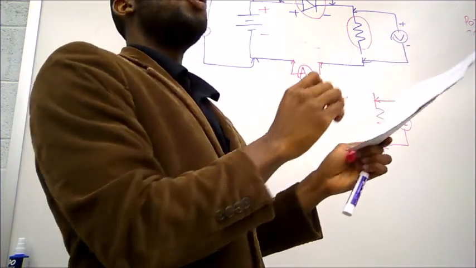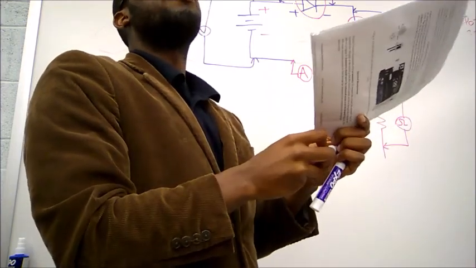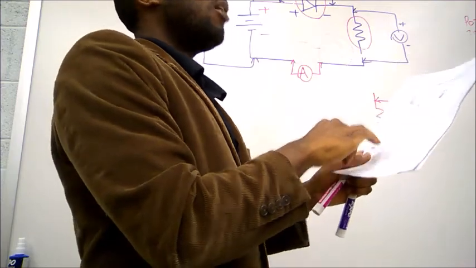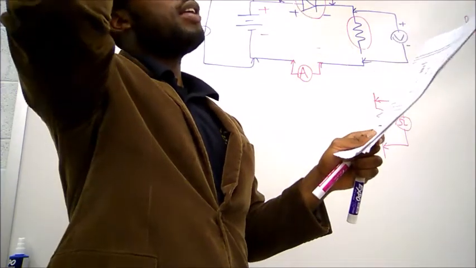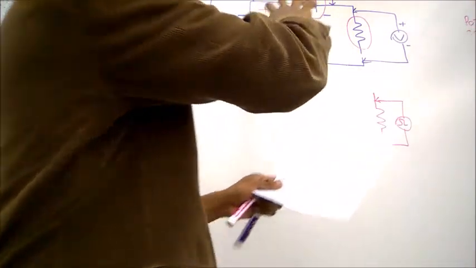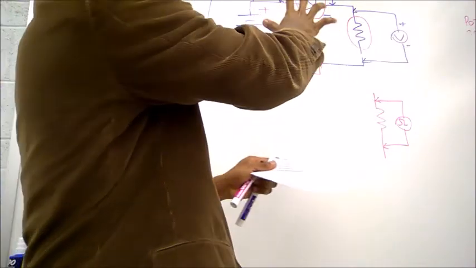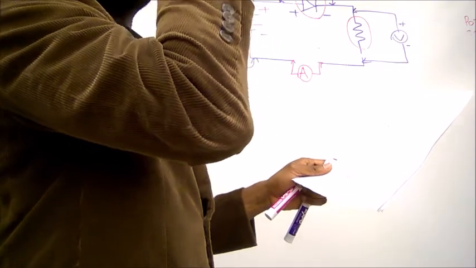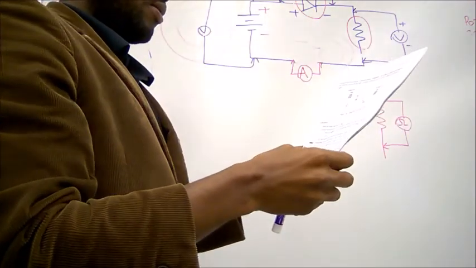Number 1 and 2, you need to do for your lab report. Before you start measuring anything, you want to construct your circuit as shown, and then go ahead and do your measurements.